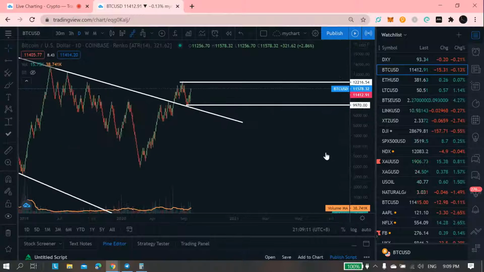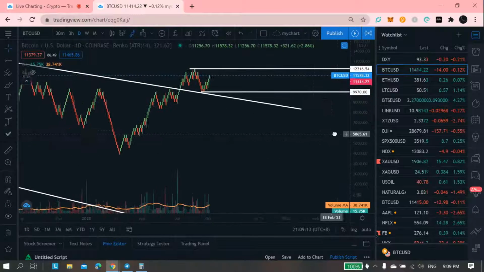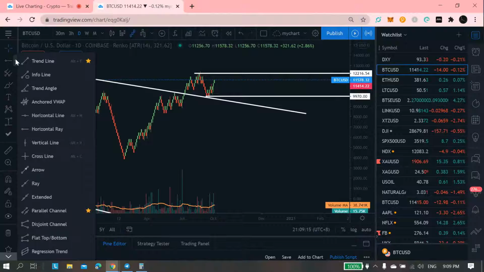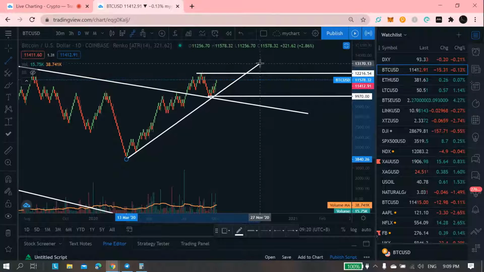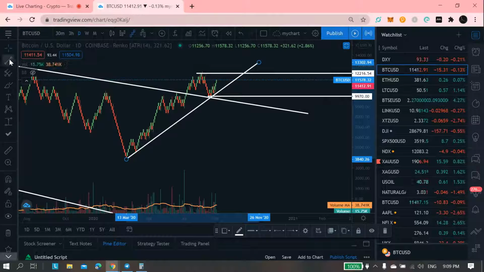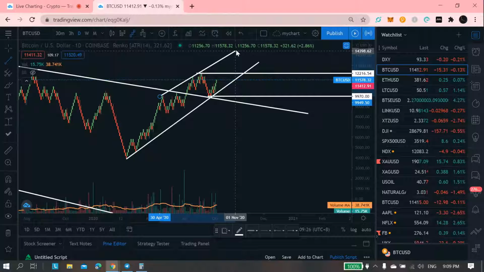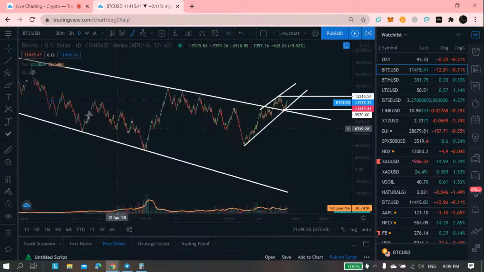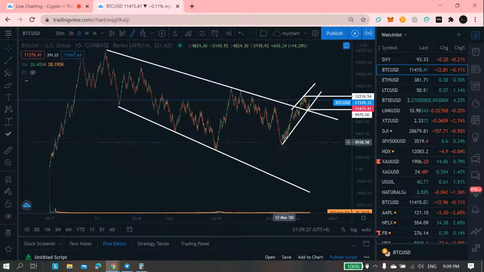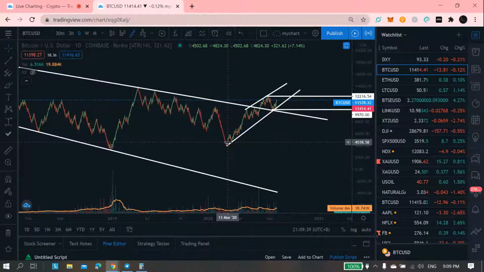Anyway, let's also make an uptrend here. Actually, we can also create an uptrend here. So it seems like from the long-term downtrend, it has now created a new uptrend channel.